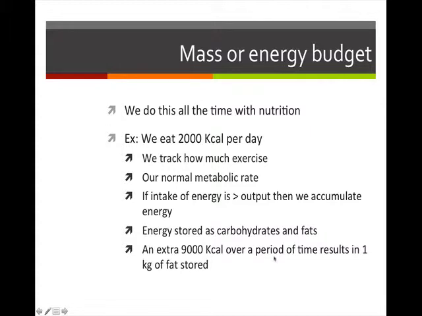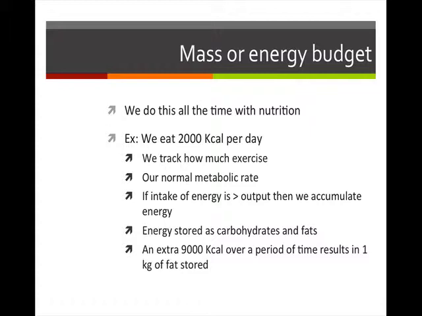So one of the things I want to caution you, though, is in our casual conversation, we mix the ideas of mass and energy budgets all the time when we talk about human nutrition. So, for example, we talk about that you ate 2,000 kilocalories per day, and then you had a certain amount of exercise and your normal metabolic rate. And if the intake of energy is greater than your output, then you accumulate energy. But it's not like you're bouncing around like a little super ball. You have actually taken that energy and stored it as carbohydrates or fats.